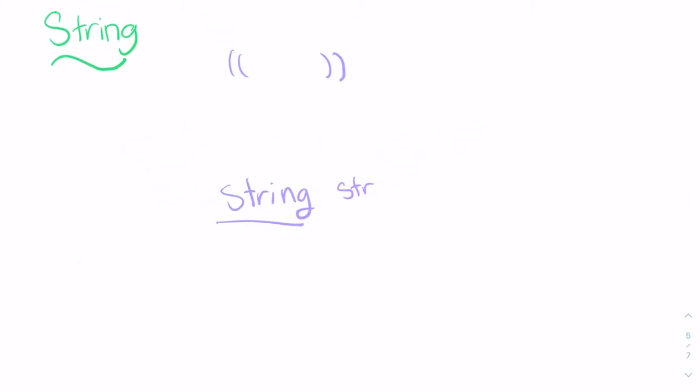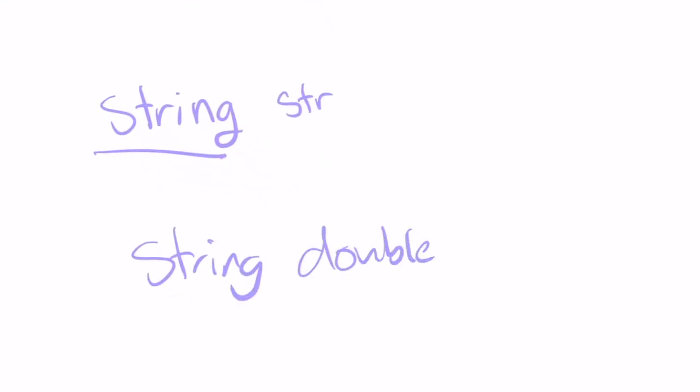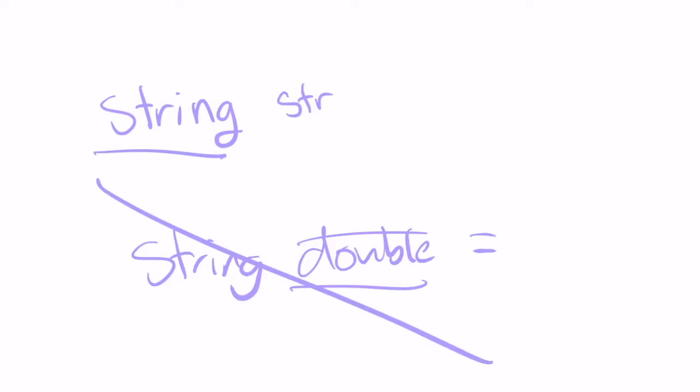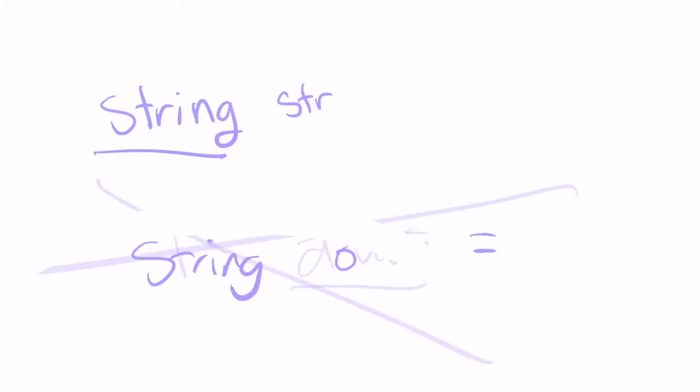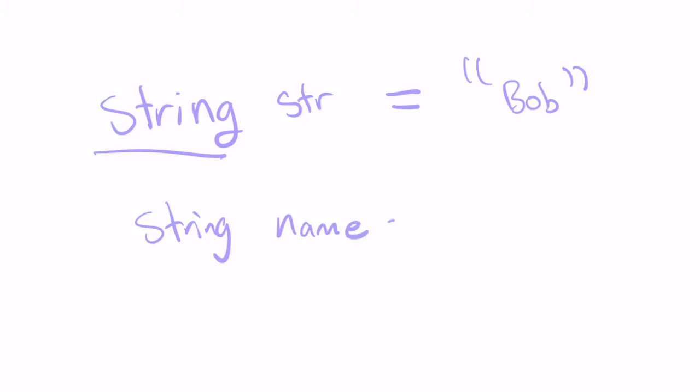So for example, I can't do string double is equal to, because double is already something that C++ has inside its code, which is a keyword. So let's cross that out and delete it. Okay. So string str is equal to quotations, let's say Bob. And then let's make another string. String name is equal to Jeff.